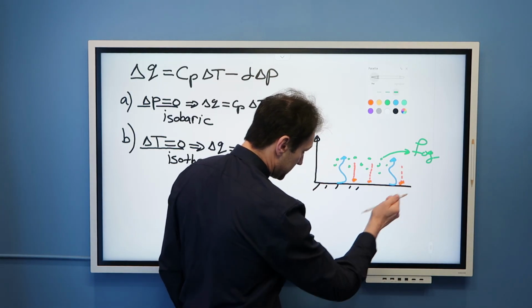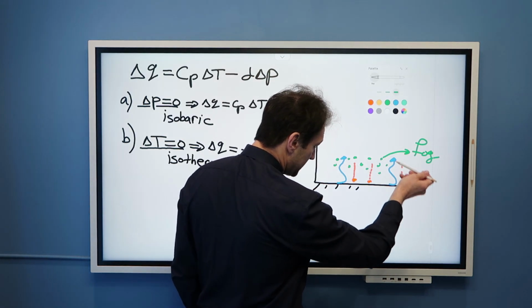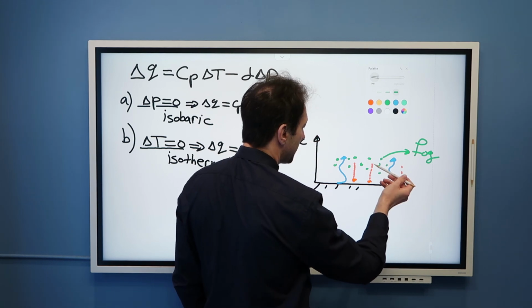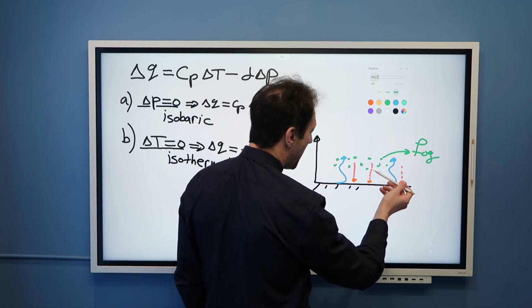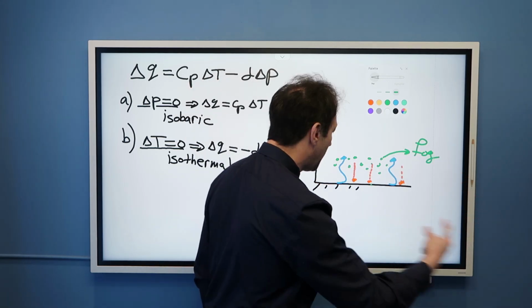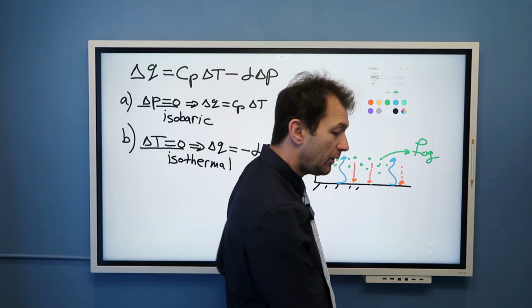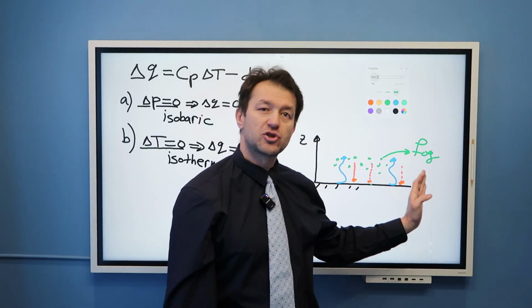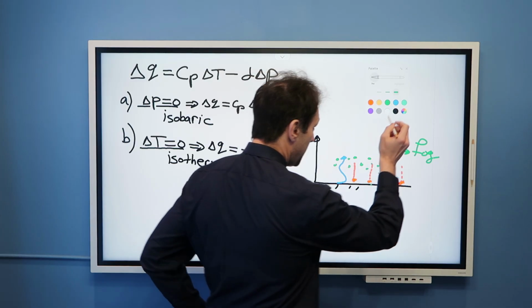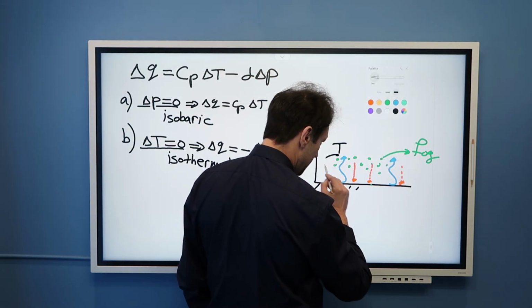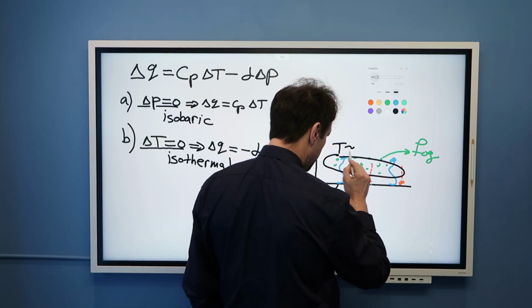Now, look at this. The surface is losing energy through long wave radiation. Air is supplying heat to the surface, but also heat is supplied to the air through latent release of heat. So at the end of the day, the temperature of this air over here is nearly constant.